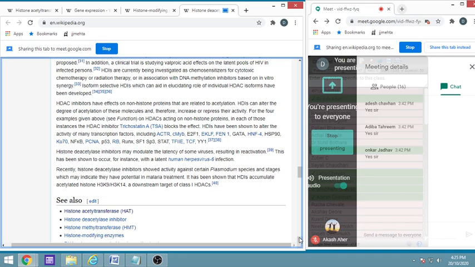One more HDAC inhibitor is trichostatin A or TSA, that is tried for this HDAC acting on the non-histone proteins, and particularly the repression of the genetic activity, because it will not allow genes to get expressed. So if you are not allowing genes to get expressed, then we will call it a repression. Histone deacetylase inhibitors show activity against certain plasmodium species also, and it may indicate potential anti-malaria treatment. So this is again under pipeline or under research.